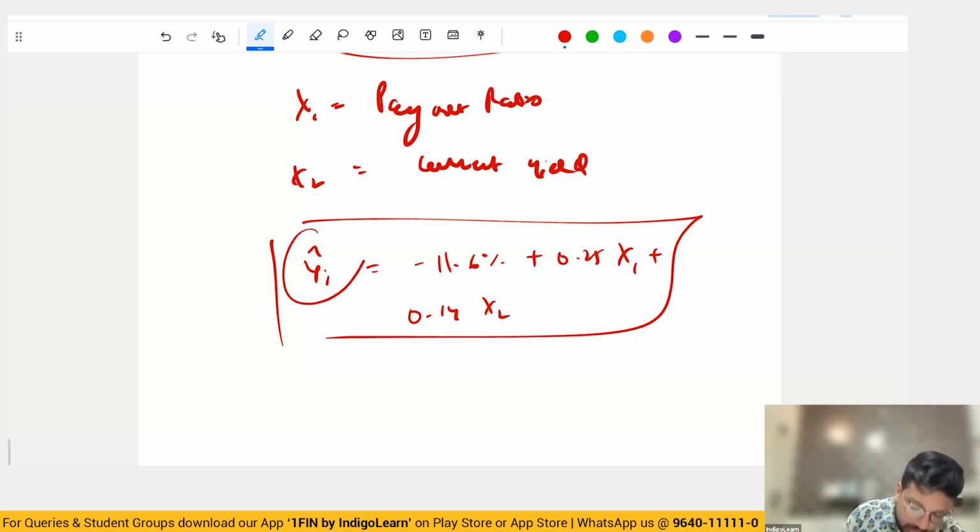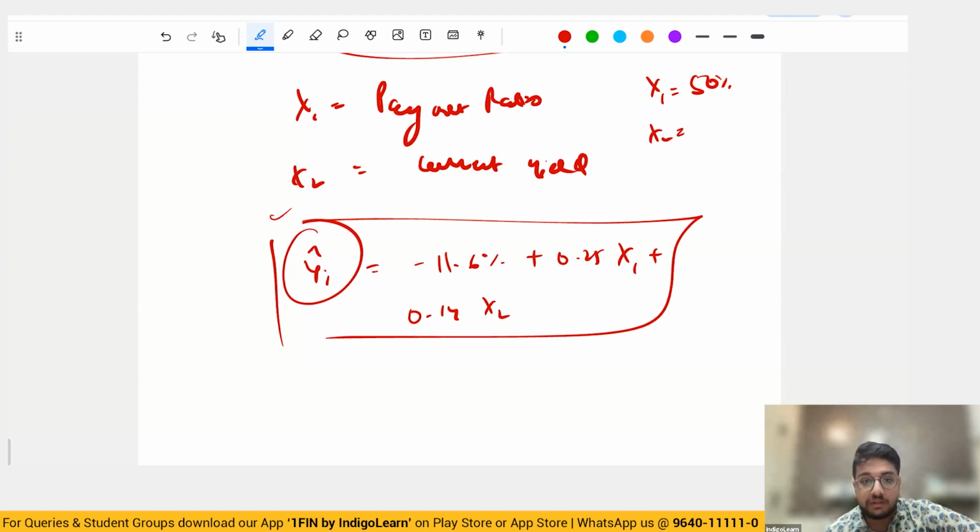Can you tell me the Y1 naught, or the earnings growth rate for the S&P 500, in this case when X1, the payout ratio, is given as 50%, and the current slope of the yield curve is around 4%?